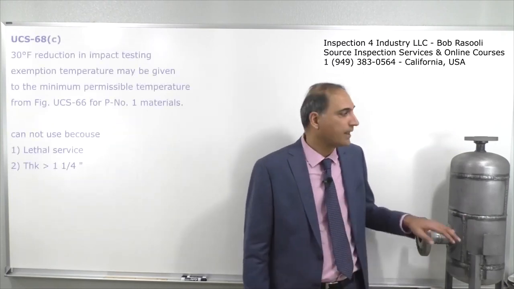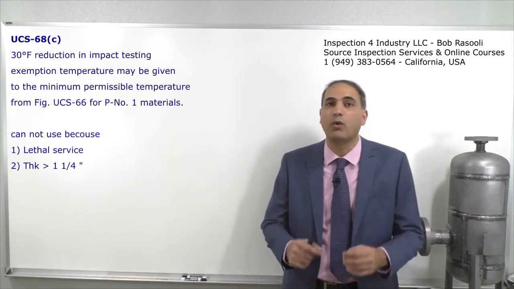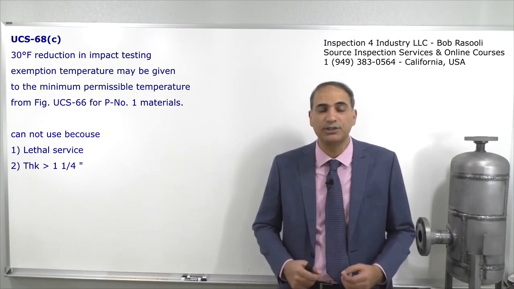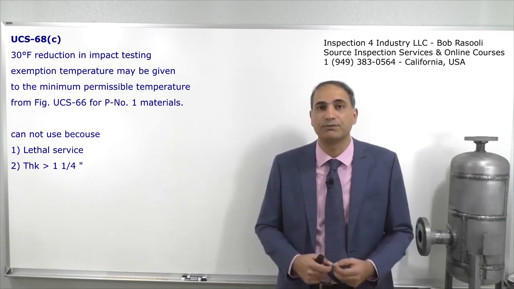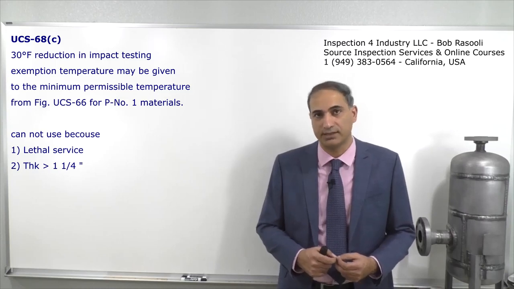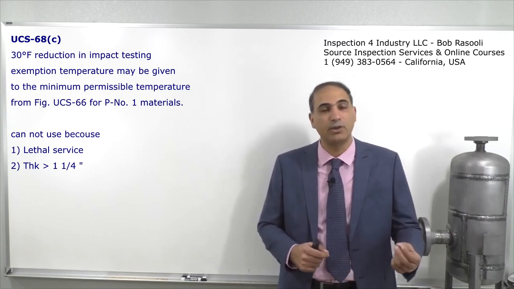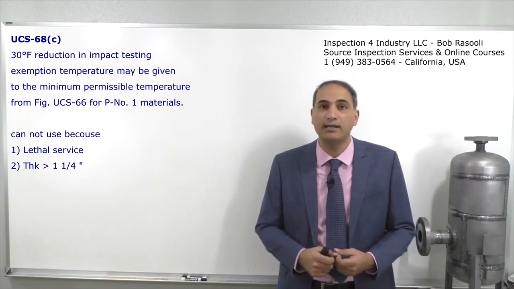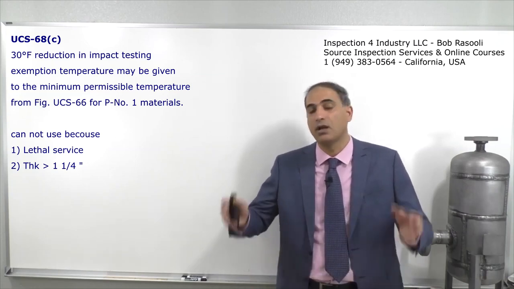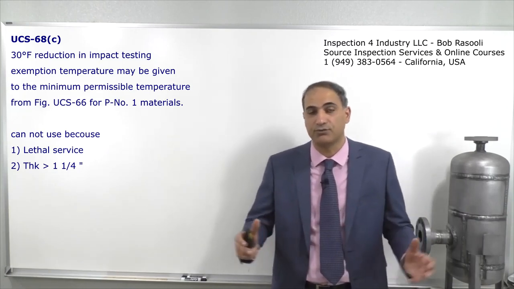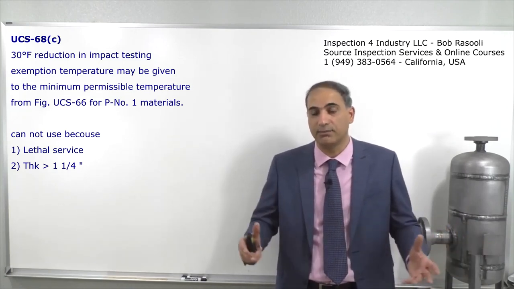UCS-68(c) says if you are not required to perform post-weld heat treatment and you voluntarily perform the post-weld heat treatment, I give you another 30 degrees Fahrenheit bonus. It means your minus 28 degrees Fahrenheit can be deducted to minus 30 degrees Fahrenheit and goes way, way below minus 30 degrees Fahrenheit, which is great, and then you can get exempted.